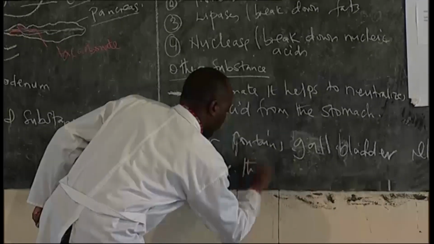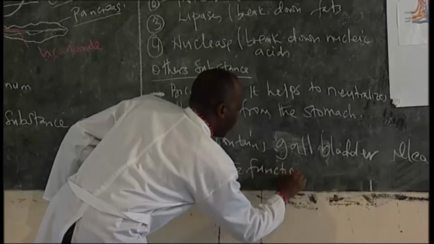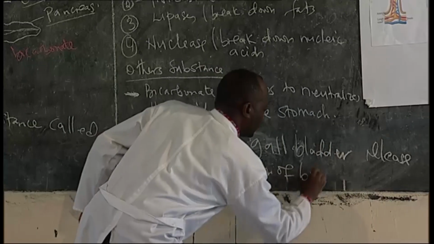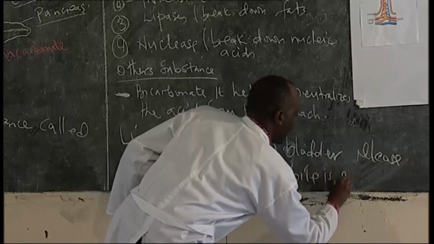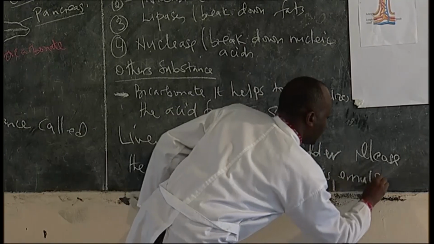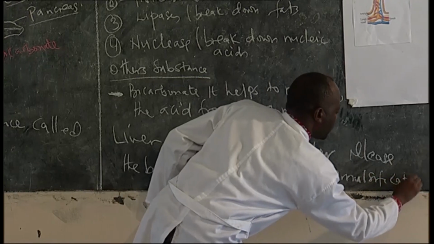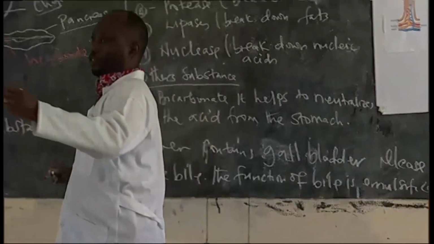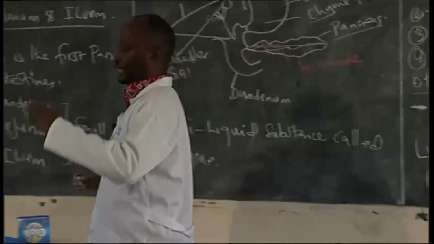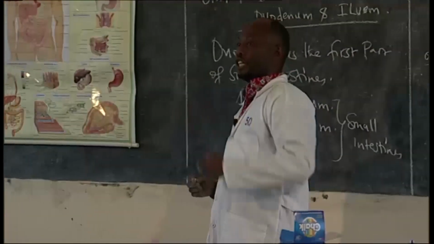The function of bile is emulsification. Emulsification means breaking down large droplets of fats into small droplets so that they can be dissolved in water.